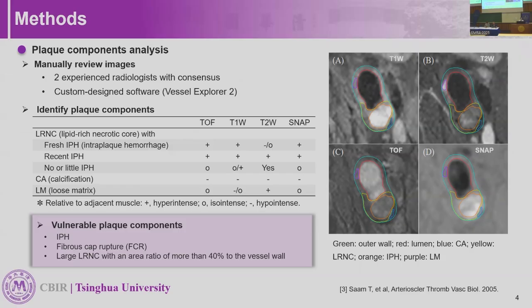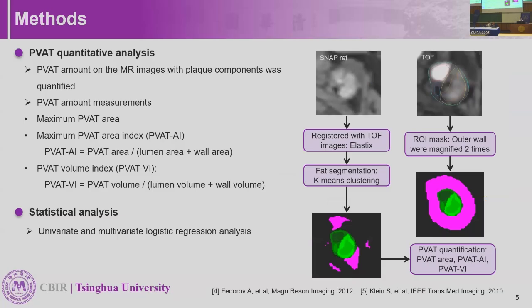In addition, presence of intraplaque hemorrhage, fibrous cap rupture, and a large lipid-rich necrotic core with an area ratio of more than 40% to the vessel wall were considered as vulnerable plaque components. Carotid plaque was segmented on the SNAP reference images. The amount of PVAT on the MR images with plaque components were quantified, including mass, PVAT area index, and volume index.